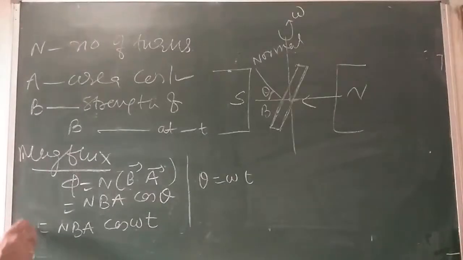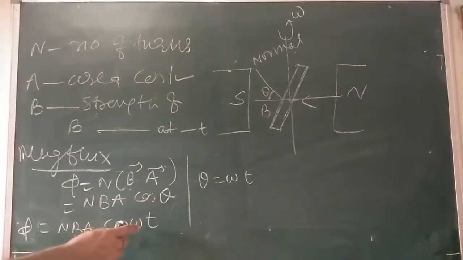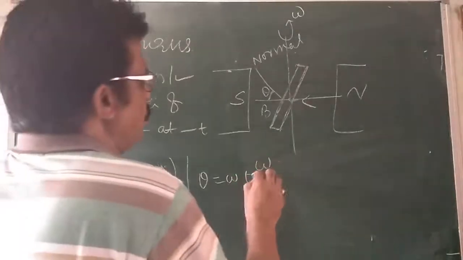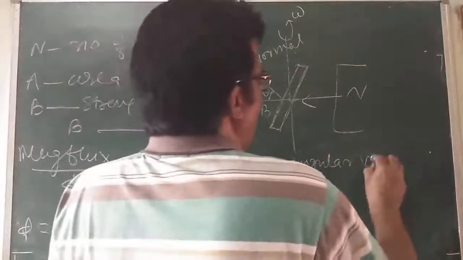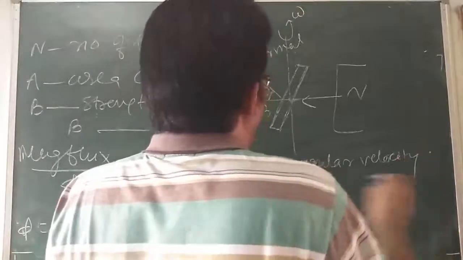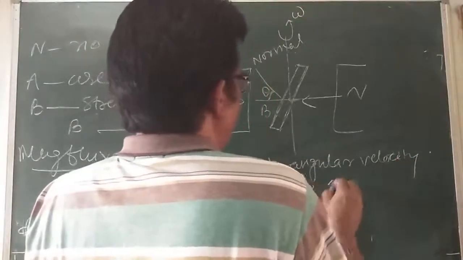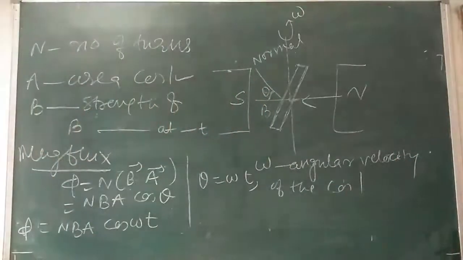So phi comes out to be NBA cos omega t. Theta is replaced by omega t. Omega is the angular velocity of the coil. Is it clear? Write down.